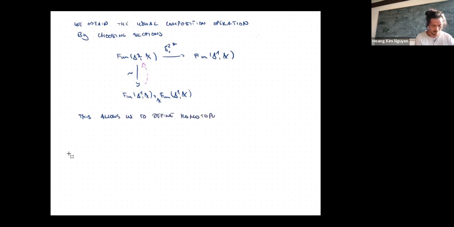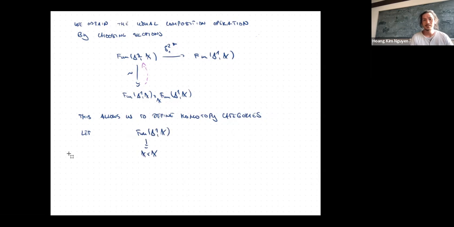Let's call them homotopy categories. And this can be done as follows. As was already mentioned, we really like to think of the interval as arrows.